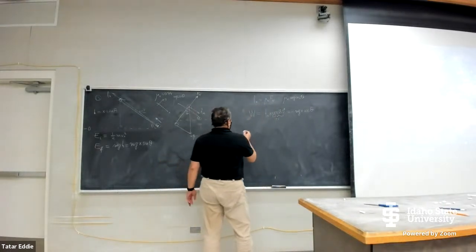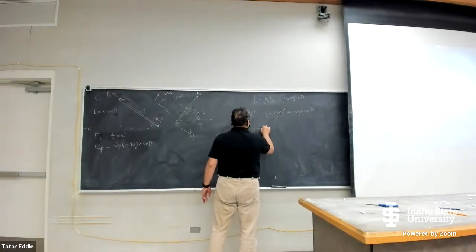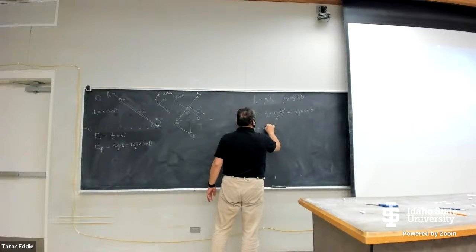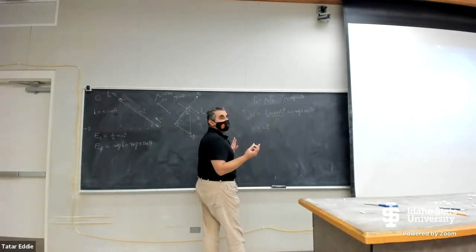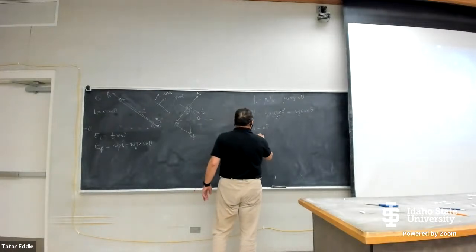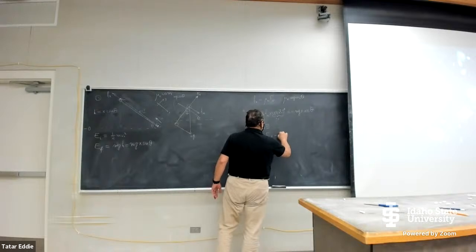And now the work-energy theorem says the work done by the friction force should be equal to the change of energy. Change of anything is final minus initial. So the work has to be equal to the final energy minus the initial energy.